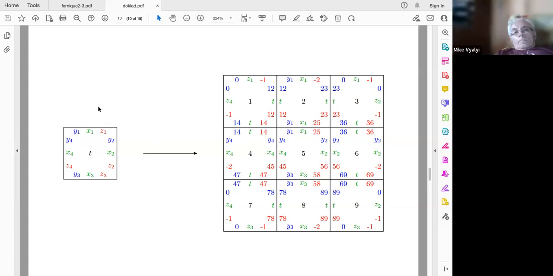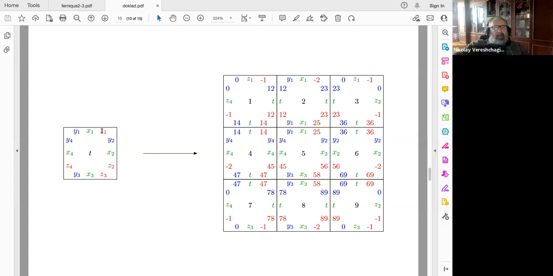Let's call this sequence of green and blue indices the global contour of our tile. So our tile has a known global contour, which is inherited from the central tile.